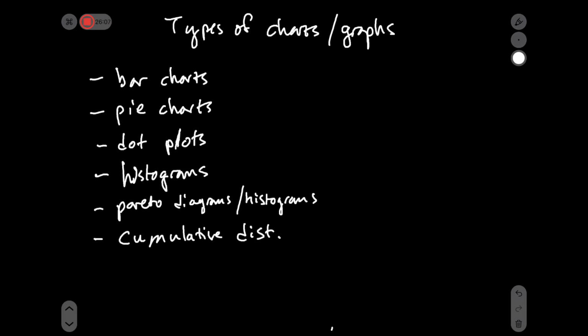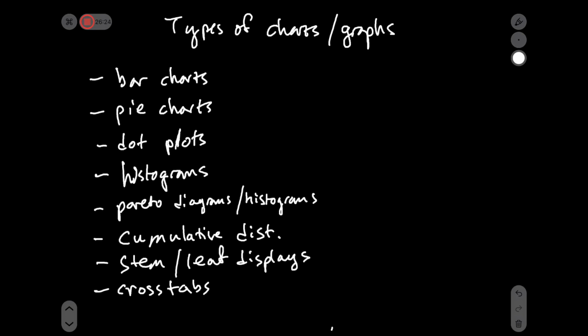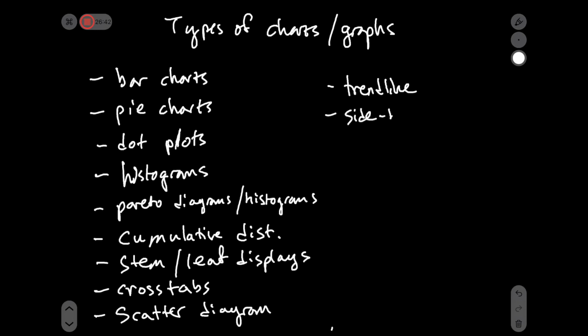You also need to know stem and leaf displays. Know cross tabulations. Know how to read a scatter diagram. Know how to read a trend line or just any line graph. Also be familiar with side by side and stacked bar graphs.